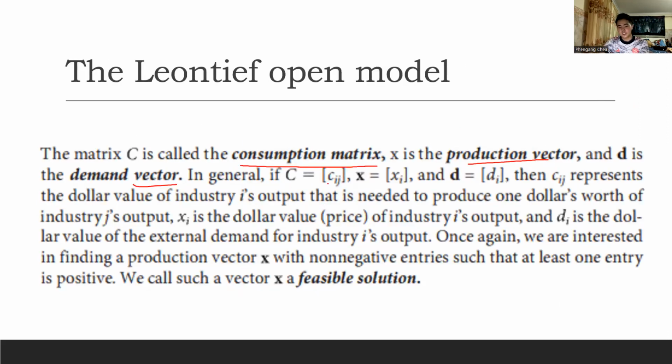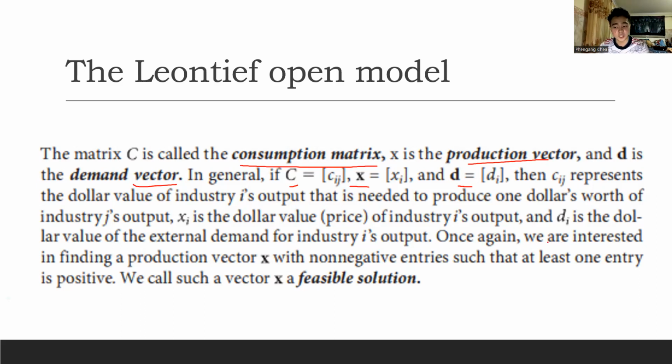In general, C, X, and D represent the dollar values of industry output, and industry j will produce $1 of the output. X is the dollar value of the industry i output, and D is the dollar value of the external demand for industry i.